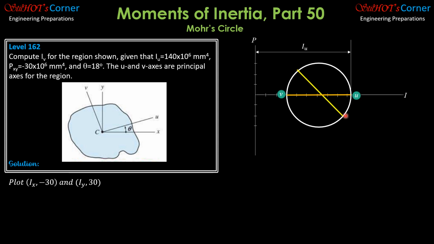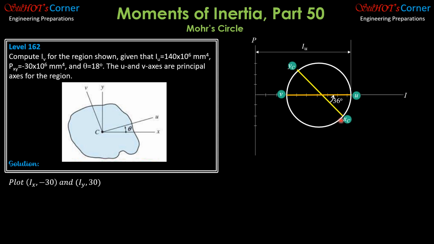This should be the centroidal x-axis, because from this axis we rotate 2 theta counterclockwise to locate the u-axis, and 2 theta is 36 degrees. The opposite point on the diameter is the centroidal y-axis. So this is 2 times 18 degrees, 36 degrees.